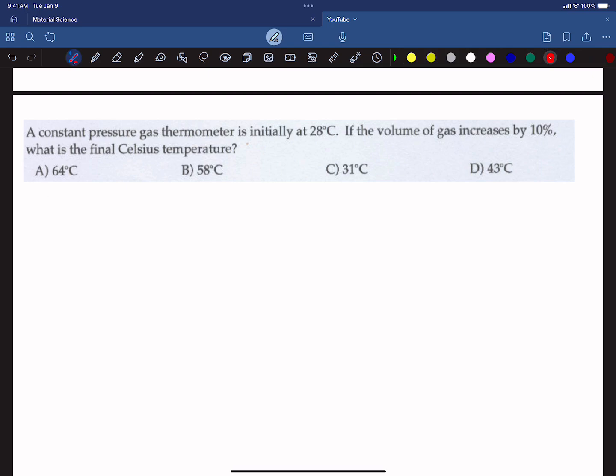A constant pressure gas thermometer is initially at this degree Celsius. If the volume of gas increases by 10%, what is the final degree Celsius? So we'll use this equation: V1 upon T1 is equal to V2 upon T2.